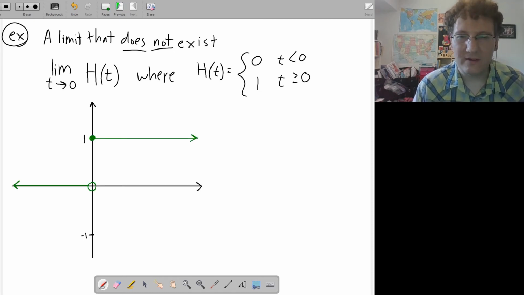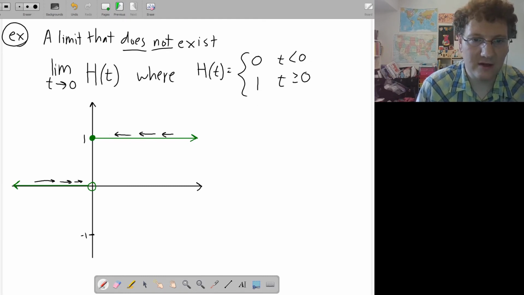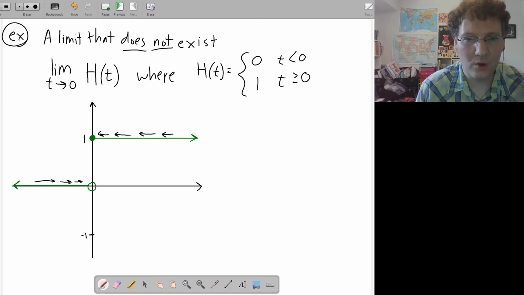This is a sketch of this function, and so you can see when t is negative, as t approaches 0, the function is approaching, and it is equal to, 0 that whole time. But as t approaches 0 from the positive direction, the function is approaching the value 1.